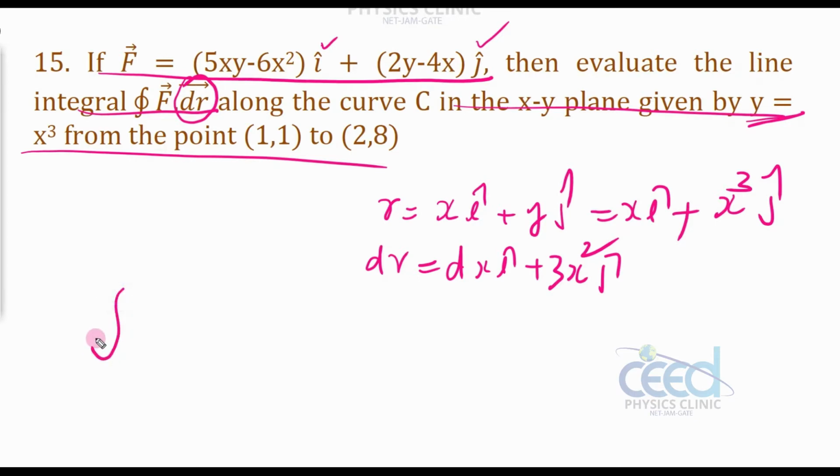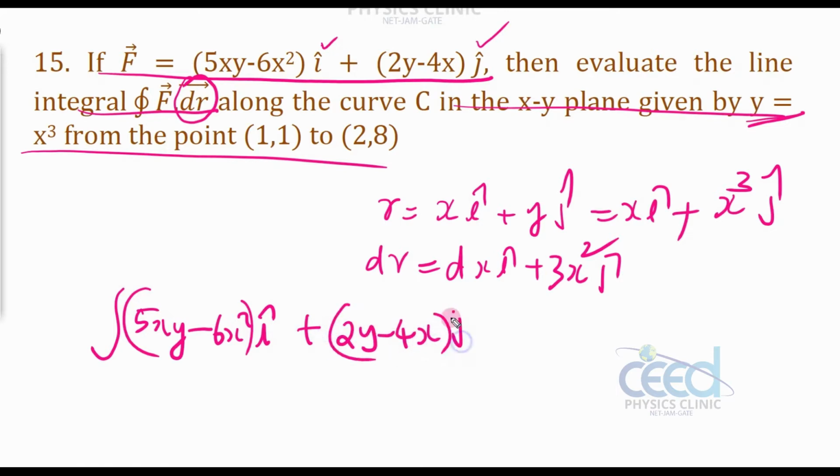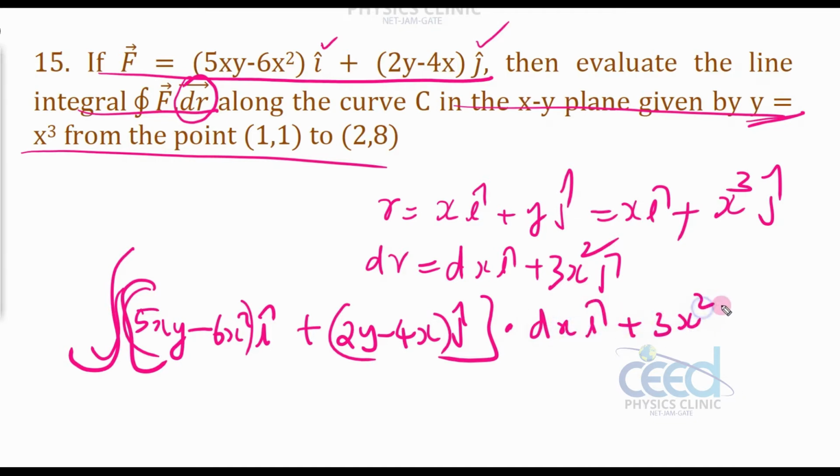Now you can take F dot dr. So the integral of F dot dr, where F is equal to (5xy minus 6x square) i cap plus (2y minus 4x) j cap, dotted with dr, that is dx i cap plus 3x square dx j cap.